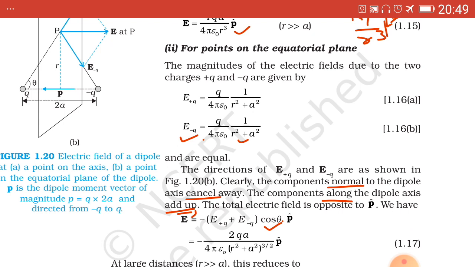Here plus sign, same sign here also, plus in the denominator, and E minus q equal to q upon 4 pi epsilon 0 into 1 upon r square plus a square. Here also, even though for minus q, it is r square plus a square, plus sign in both the cases. Why? Because the direction of P is on the positive side only.